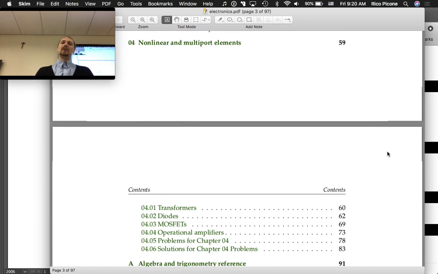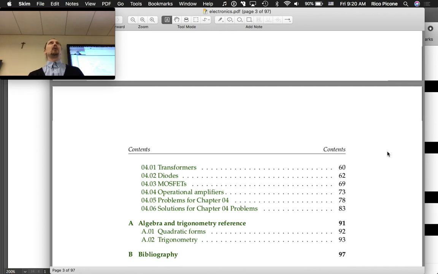Then we moved on to nonlinear and multiport elements, and this is where the elements got a little more involved, but we still have elemental equations for each of them. When circuits have nonlinear components in them, we can't use the impedance methods, unfortunately. But if you're using linear approximations, you can still do a lot of analysis relatively easily.